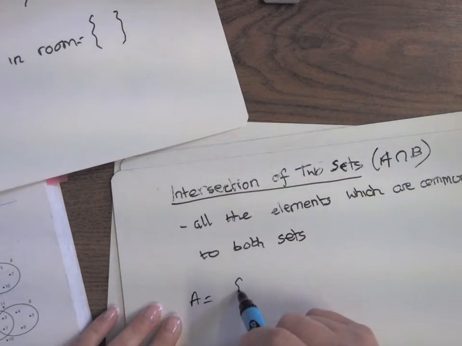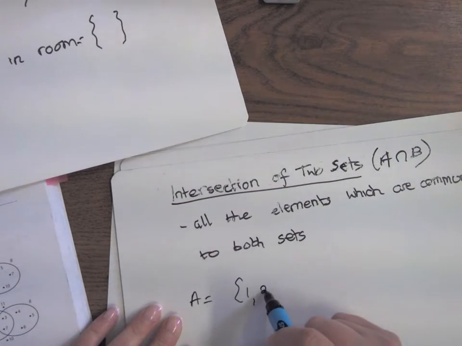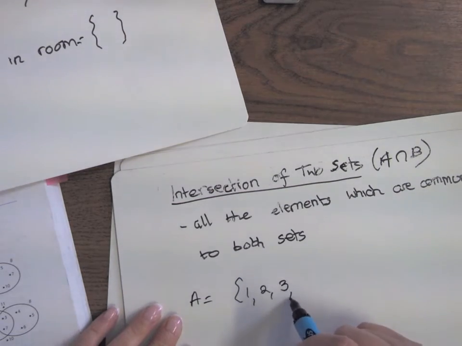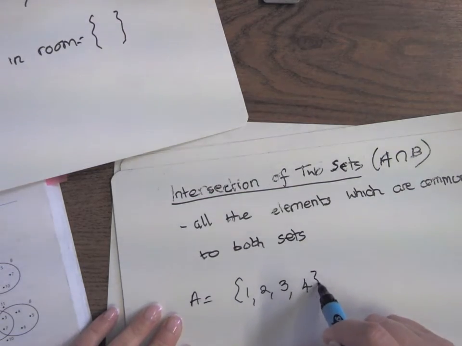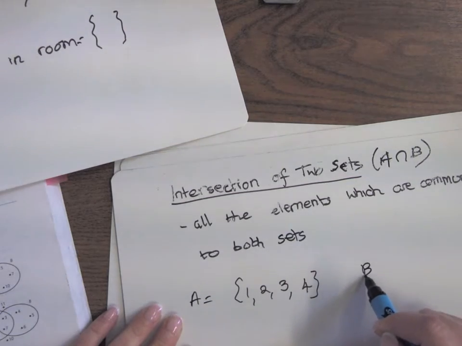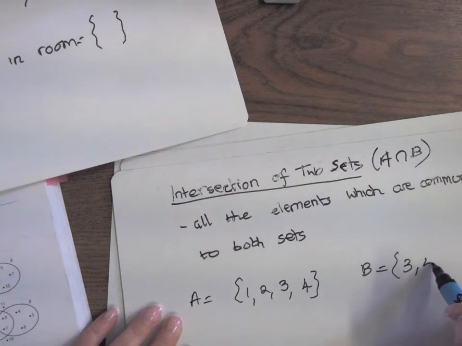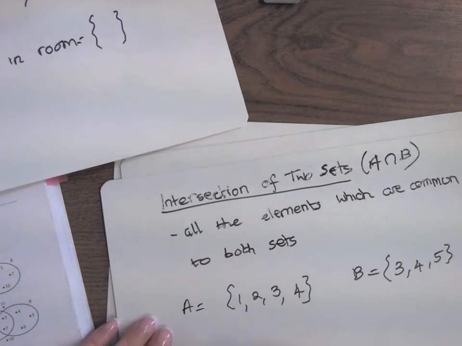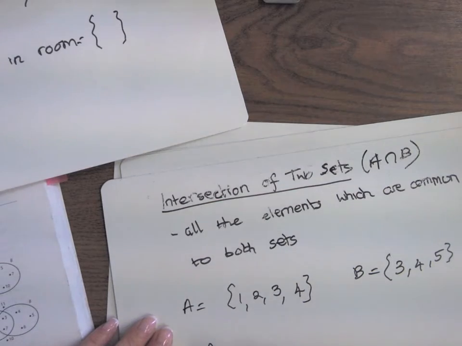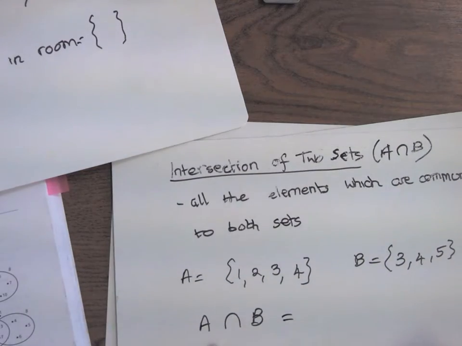If A is a set 1, 2, 3, 4, and B is a set 3, 4, and 5, and if I asked you for A upside down U, B, where does A intersect?